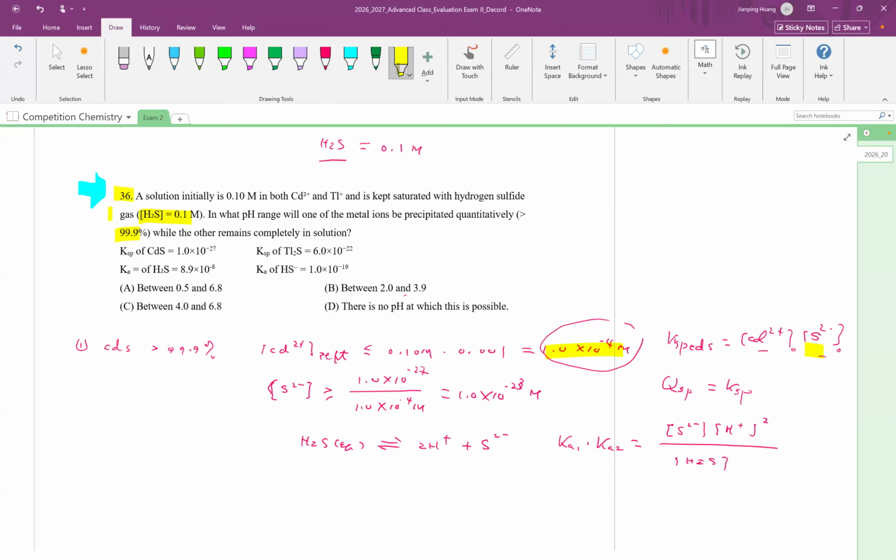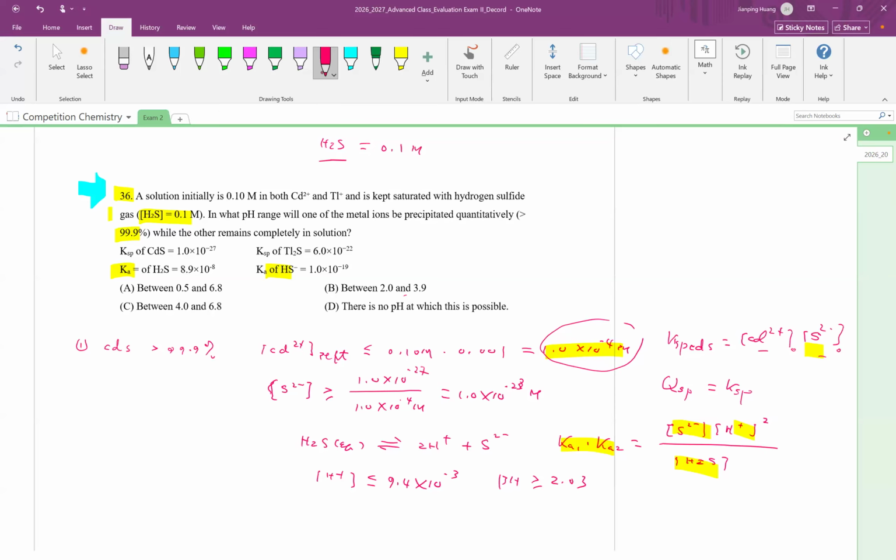You have a Ka1 and a Ka2. So you have this one. Now you know this one, and you calculate the pH. You calculate the hydronium, which should be less than or equal to 9.4 times 10 to the minus 3. So you calculate the pH. pH is minus log, should be greater than or equal to 2.03.